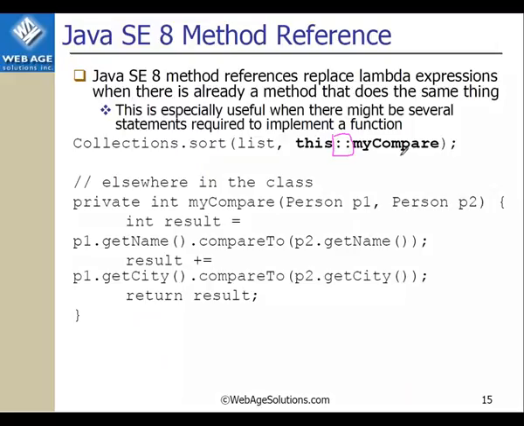Right? So in this case, it's my compare. So if I had elsewhere in this class my compare method that still implemented the same thing. It returned an int, right? It took two person objects as parameters and returned an int. Right? I can have some more complex logic, which is here, to basically implement that method. Right? Again, not quite an inner class.